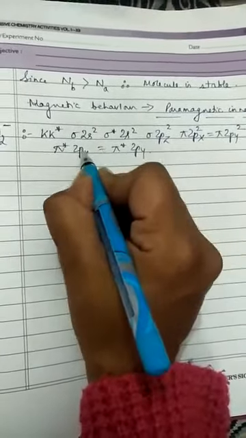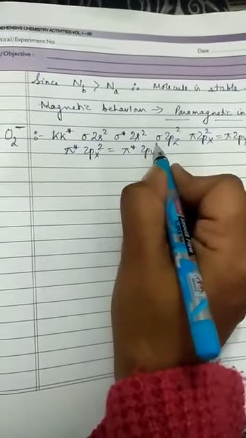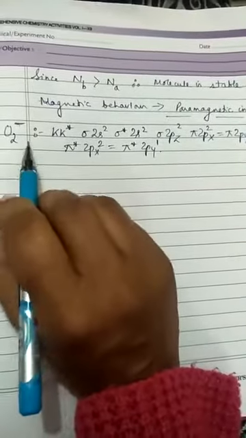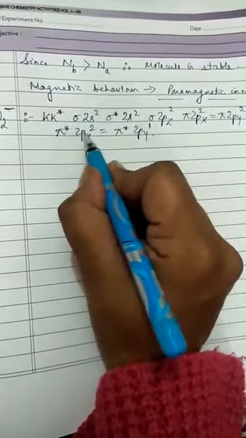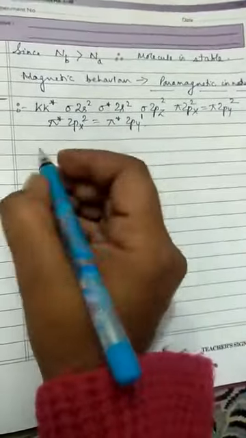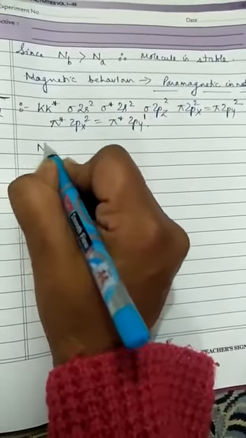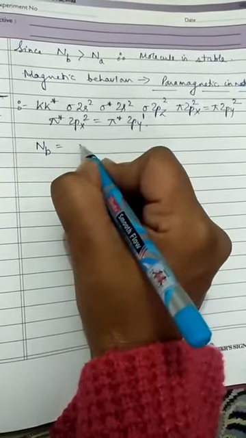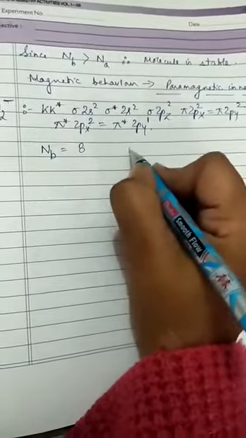Students, earlier we had one electron in each, so now one more electron has been added, it's minus 1. So you will write down here 2 and 1. Earlier it was 1 and 1 in case of the oxygen molecule, but now it is a species which has accepted 1 electron. So it is pi star 2px 2 equals pi star 2py 1. Right, students? Now we can calculate the bond order. So how many Nb are there? The number of electrons in bonding molecular orbitals is 8.